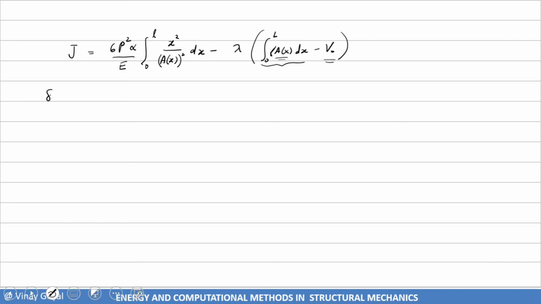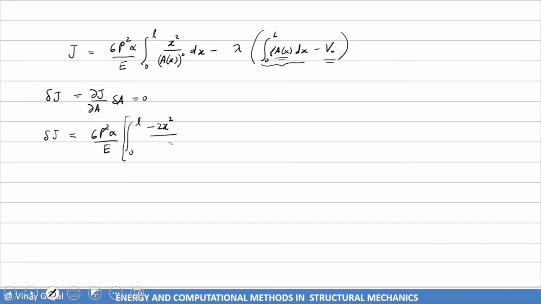So the first variation of J now needs to be completed, which is really the derivative of J with respect to A, del A, equals 0, right? That's how we do that. So let's now expand what del J is, and hopefully we can get there. I have 6 P squared alpha over E, and now I have this interesting integral. I have to find the derivative of this with respect to A, so that's minus 2 x squared over A of x cubed.